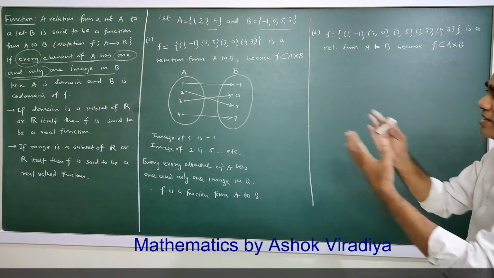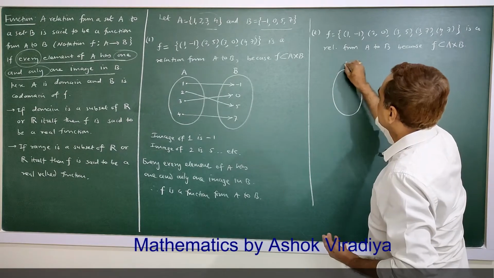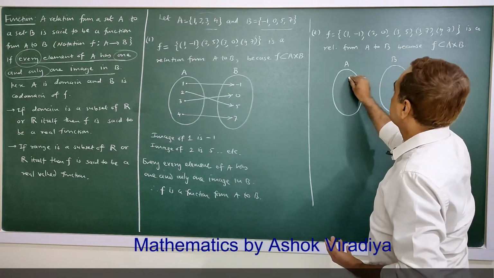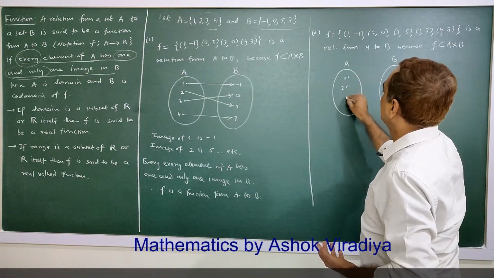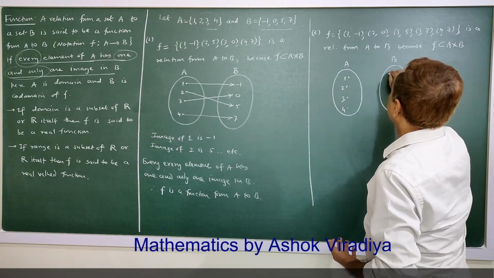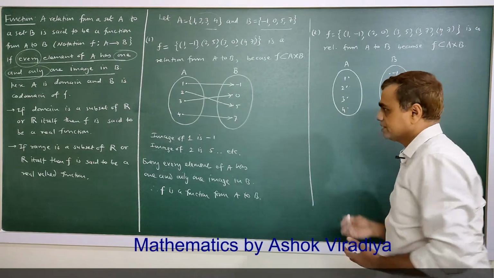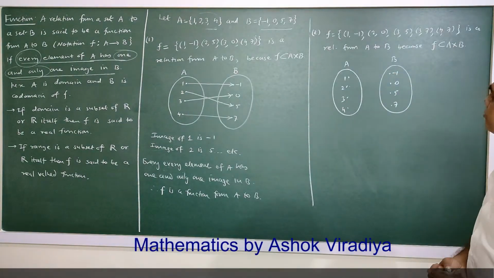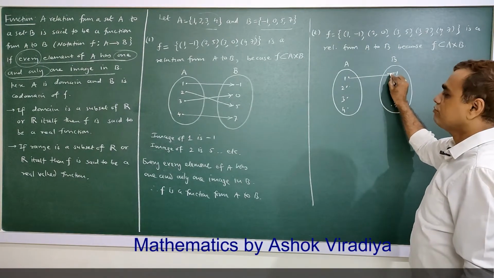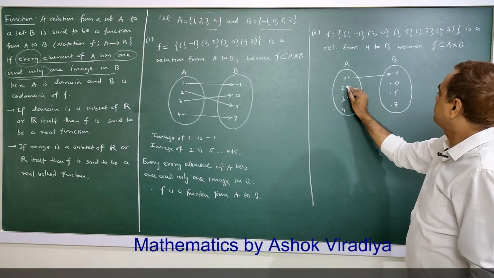To check the condition, I am taking a Venn diagram. Set A, set B. A contains 1, 2, 3, 4. B contains -1, 0, 5, 7. Now see, the image of 1 is -1. The image of 2 is 0.